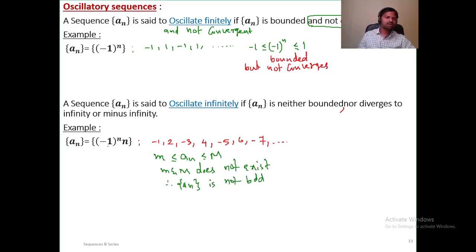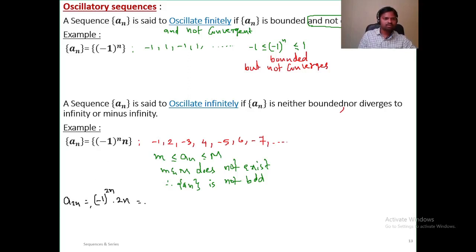Since the terms are negative and positive, let us find two subsequences. First, the sequence a_{2n}. What is a_{2n} now? Wherever n, there you write 2n: (-1)^{2n} times 2n.